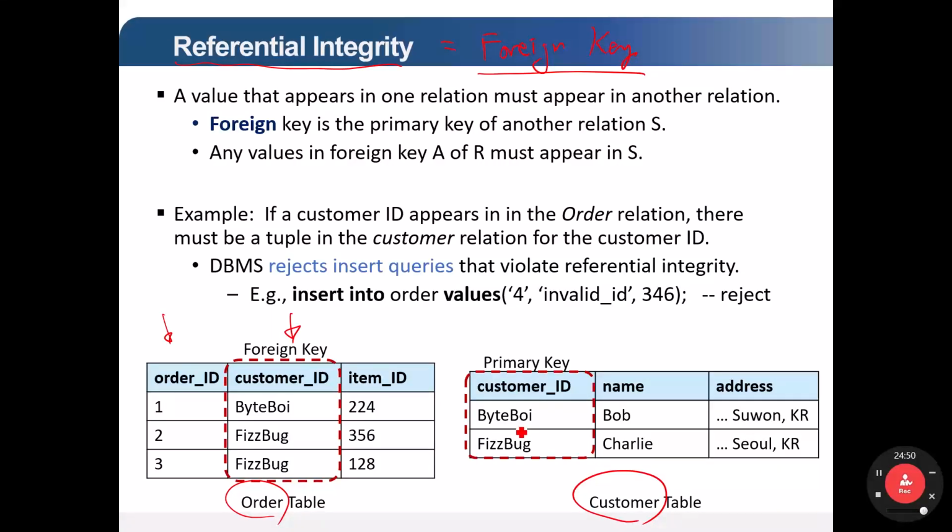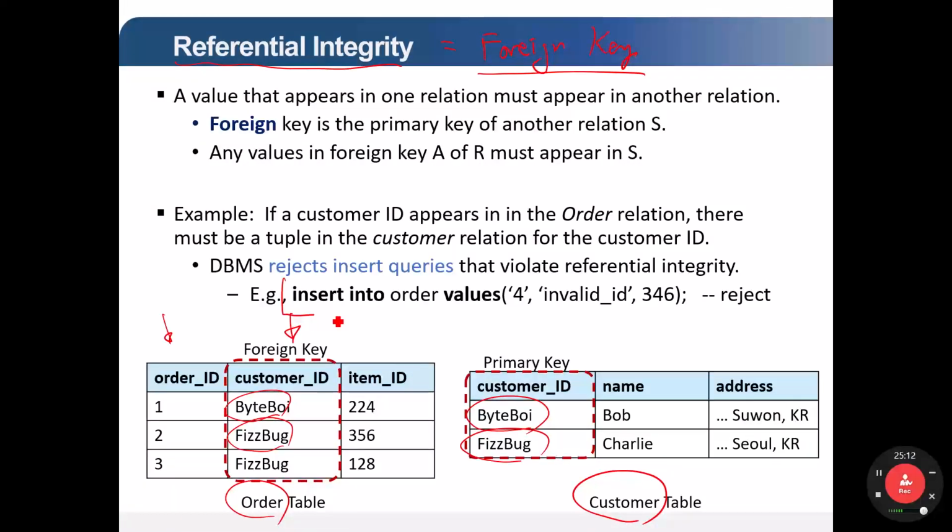So currently, all these values exist in this customer table, and Fitchburg also exists in the customer table. So currently these two tables satisfy the foreign key constraint.